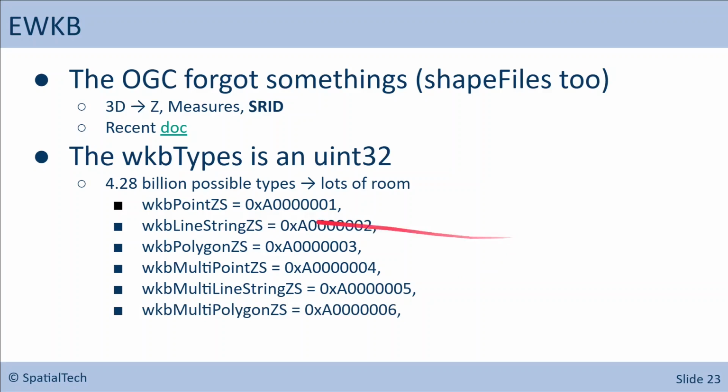You just use the same sequence of codes further up in the range. And again, we're only using about 20 to 30, and we can technically have 4 billion. There's lots of room to hack this information in, which is what they did.